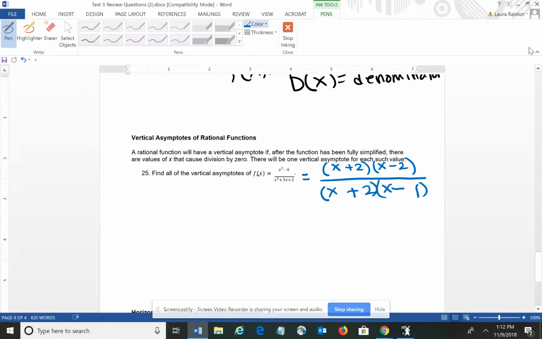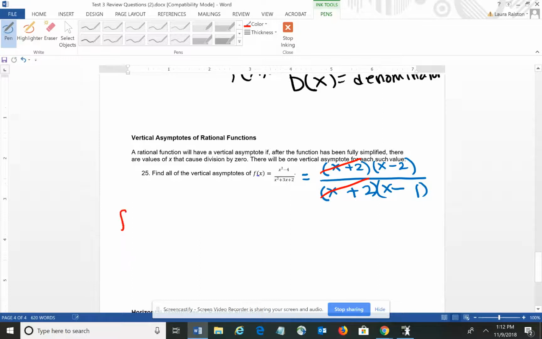So this one actually does simplify here because I have an x plus 2 in the numerator and an x plus 2 in the denominator. Now, we have to avoid the value that would make x plus 2 zero, but they don't talk about that here. It's actually called a point of discontinuity.